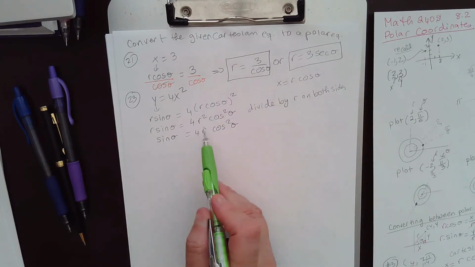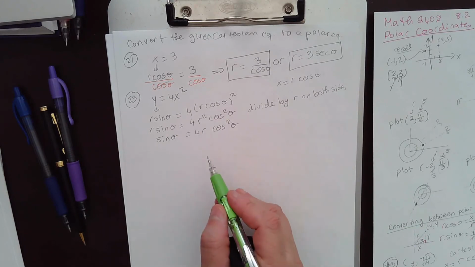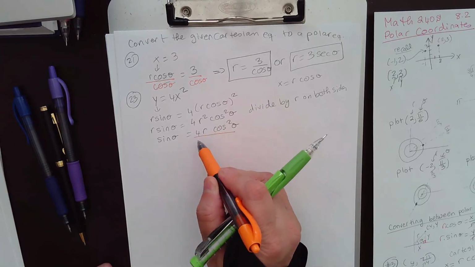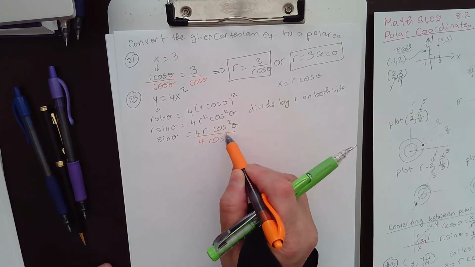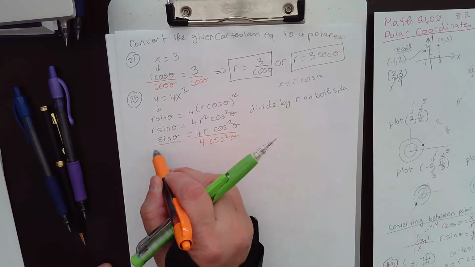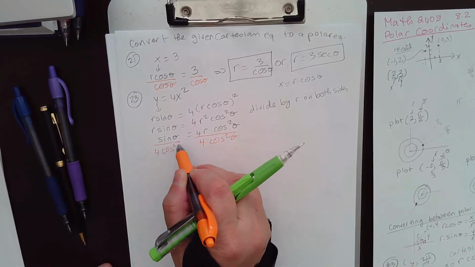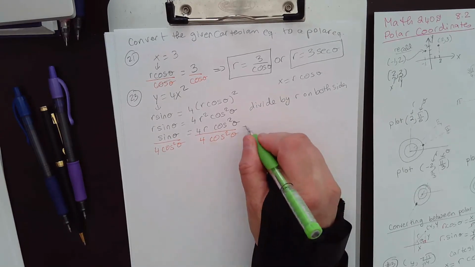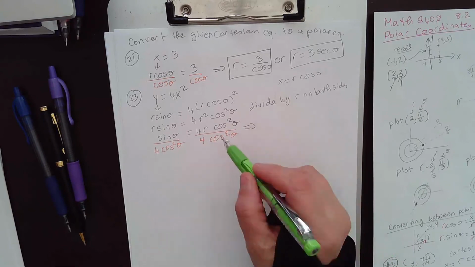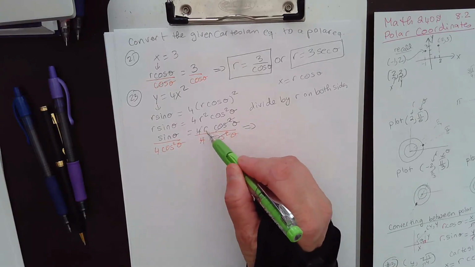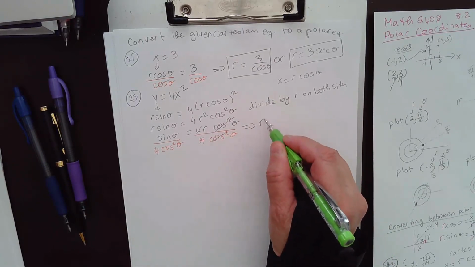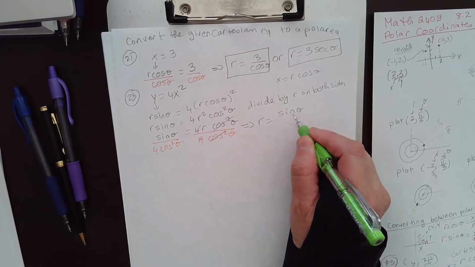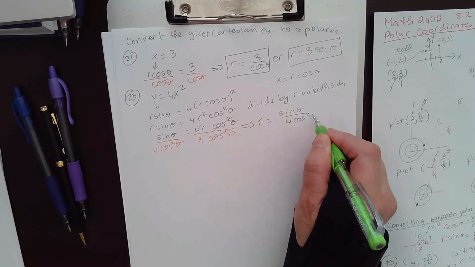This cancels and this is left with r. Now we want to solve for r, so we want to get rid of everything else. So 4 cosine squared theta, and here 4 cosine squared theta, right? So that gives me what? This cancels with this, so I have r on one side. I'm going to write it on the left side here. And here what do I have? Sine theta over 4 cosine squared theta.